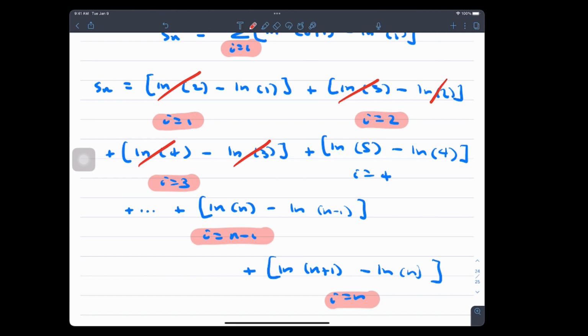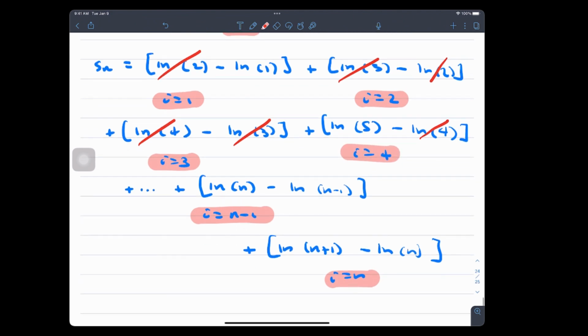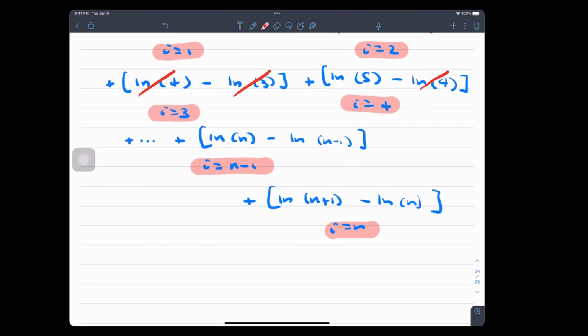The first term when i is 3 and the second term when i is what? The next term. So things are going away, and then you say, well, how do they end? The first term and then the last term.